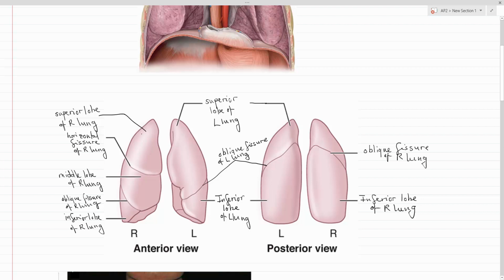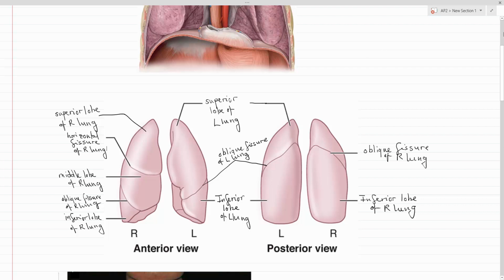So superior, middle, and inferior lobes, and on the left lung we only have the superior and inferior lobe. Sometimes they're also referred to as the upper and lower lobe of the left lung, and the upper, middle and lower lobe of the right lung. Since this is anatomy, we'll stick with superior and inferior, but upper and lower is not incorrect either. So those are the lobes of the lungs.